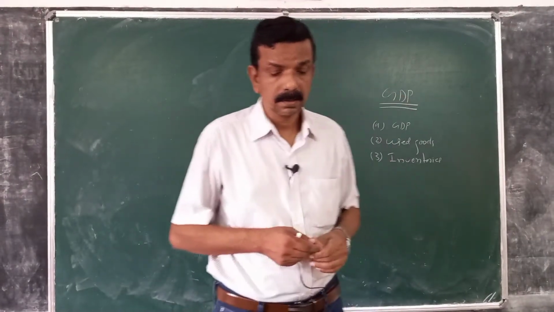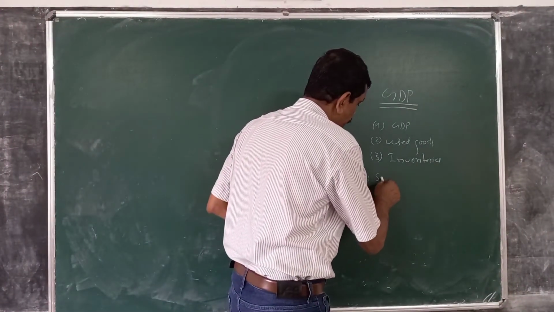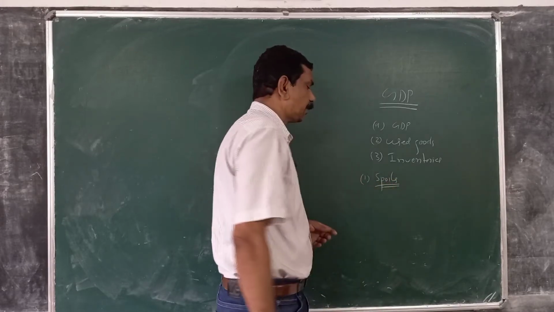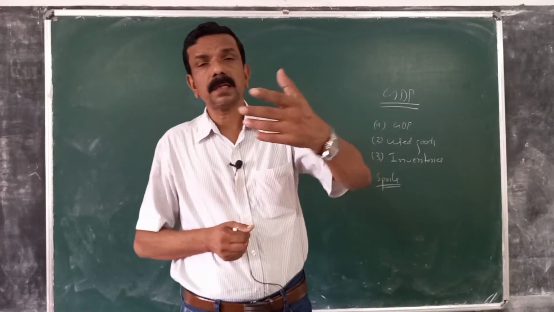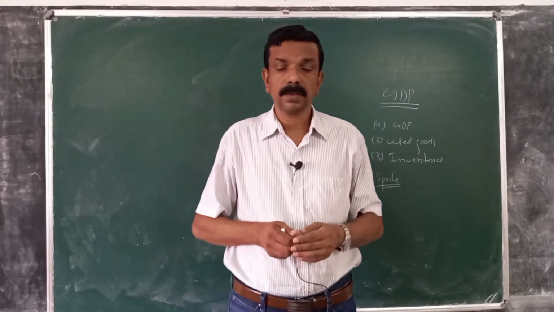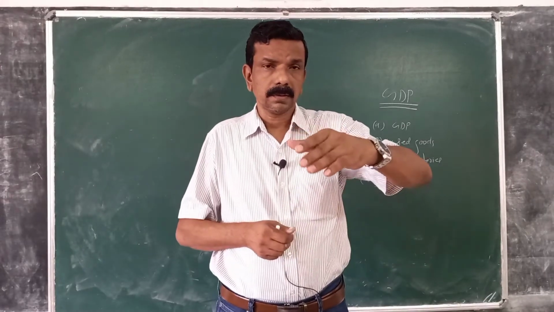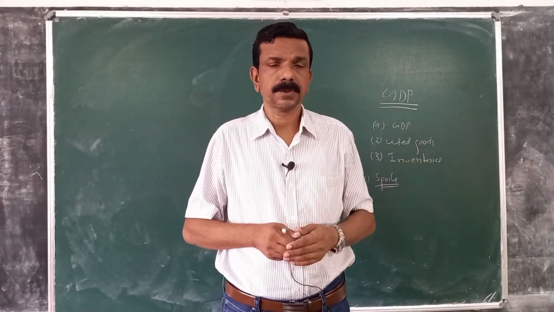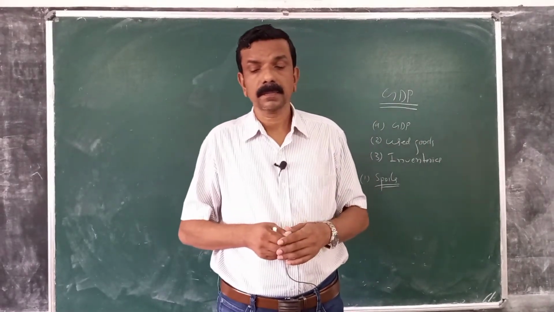We consider two cases. One, suppose that the good spoils. In this case, wages are given when producing the goods and services. But as wages are given and the product is perished, spoiled, there is a reduction in profits.